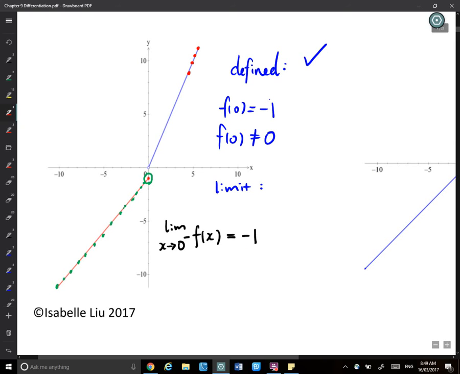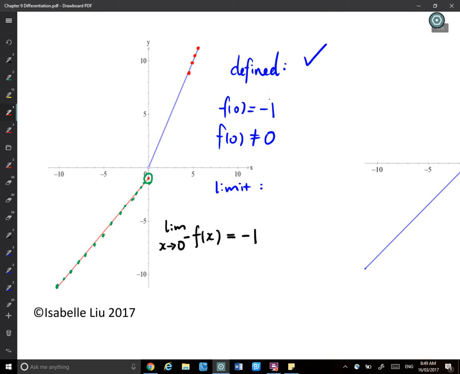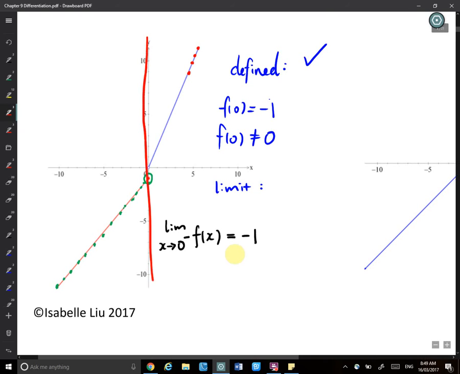Now if I go from the right, from the positive side, and go downwards towards 0, here is 0. I will stop before that line. I get closer and closer.